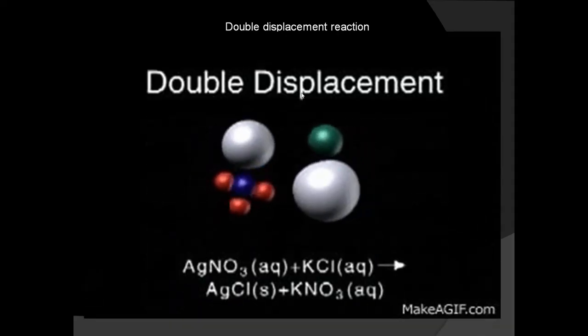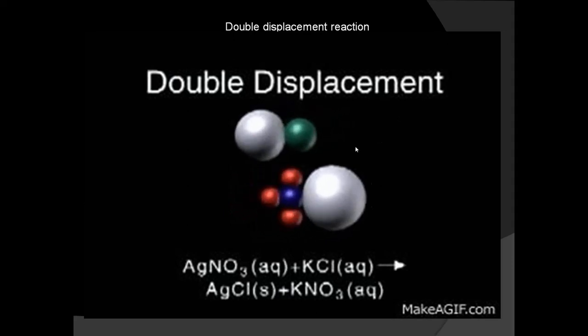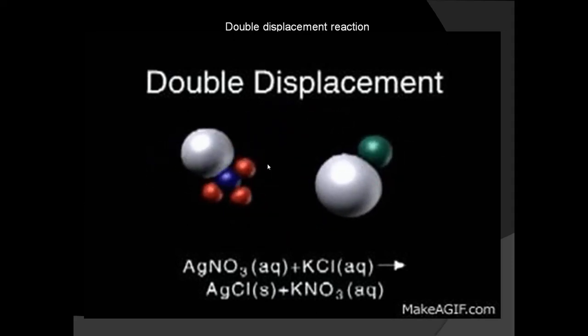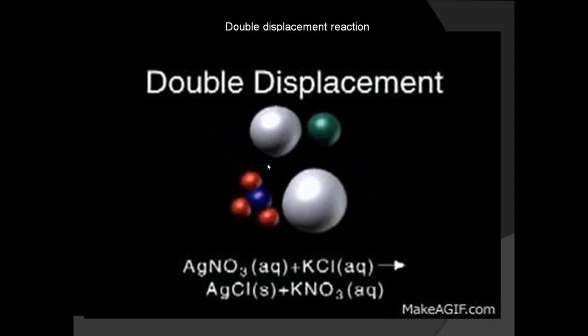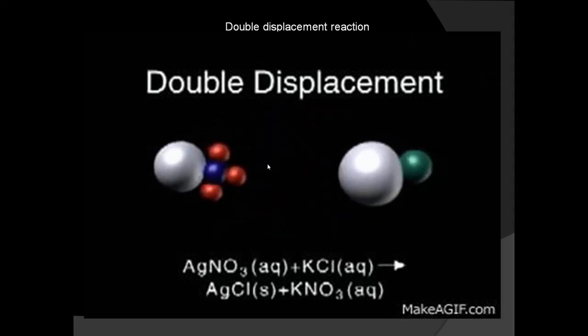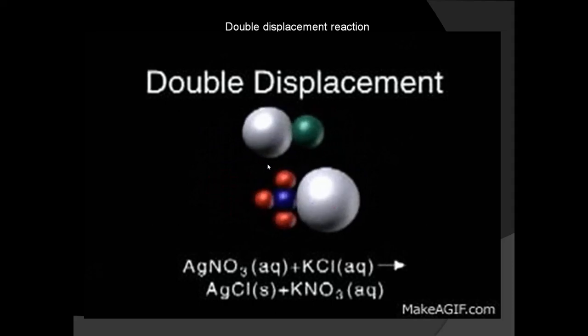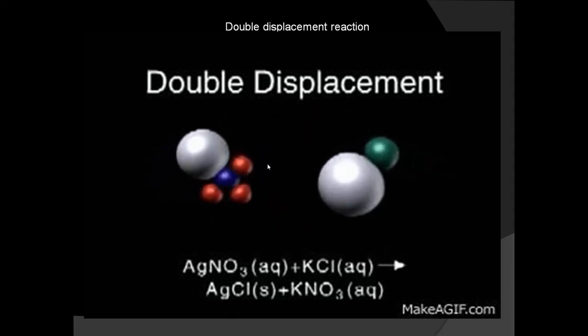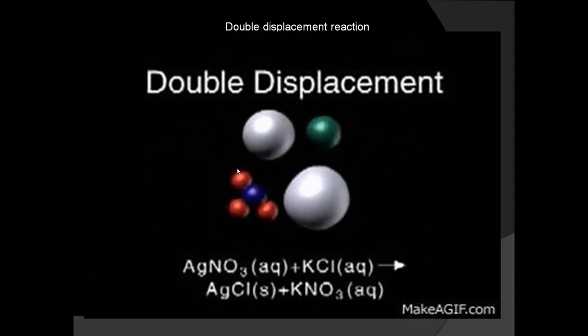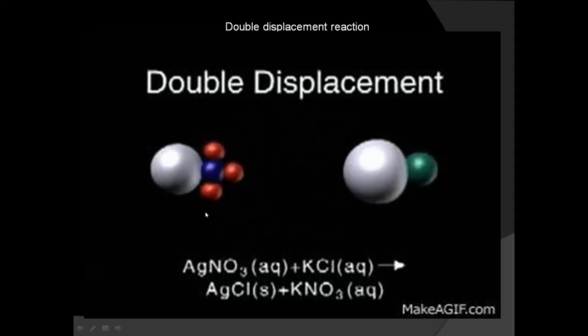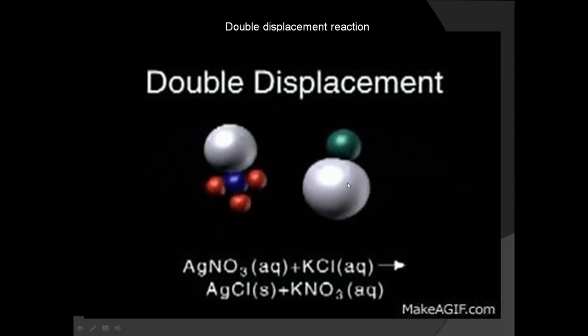Now let us move on to the next type of reaction, double displacement reaction. A double displacement reaction is a reaction in which there is an exchange of atoms or ions. So the atoms or ions are getting exchanged here. In the first one you can observe, this is silver nitrate and this is potassium chloride.